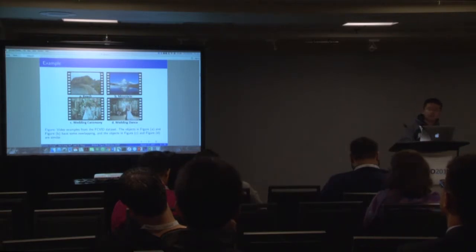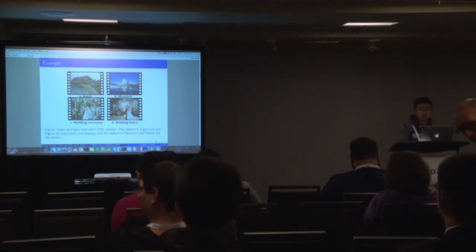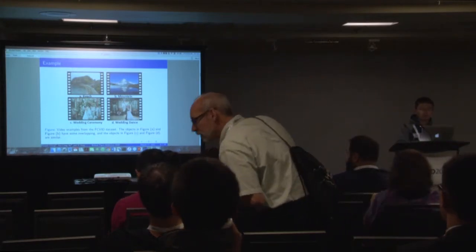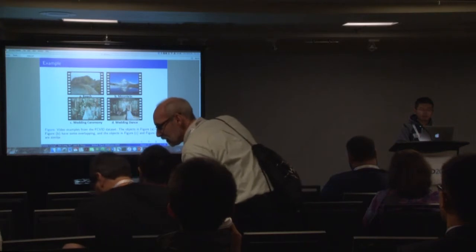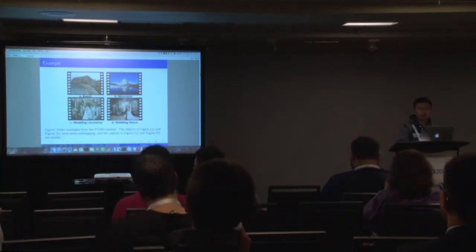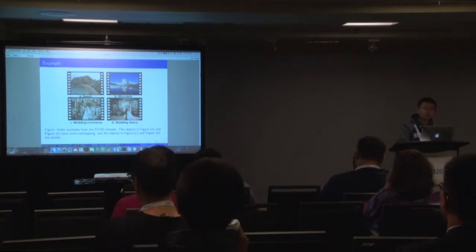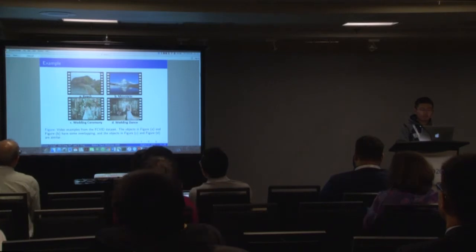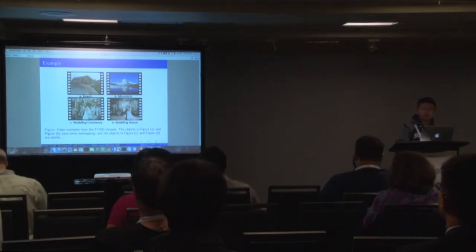So it may be difficult for human beings to distinguish a wedding ceremony video from a wedding dance video. So it is not reasonable for us to ask a machine to distinguish exactly the video of wedding ceremony from the video of wedding dance.